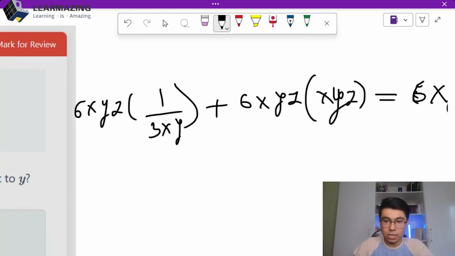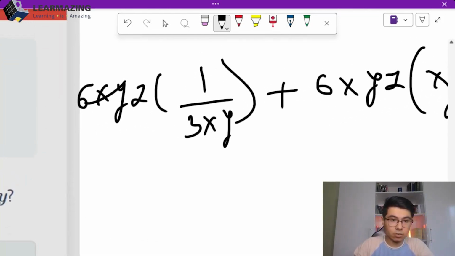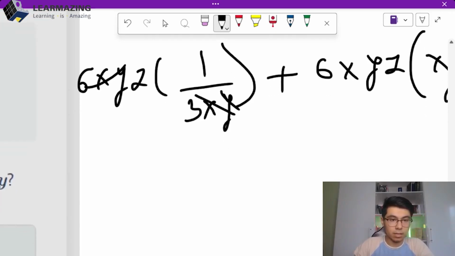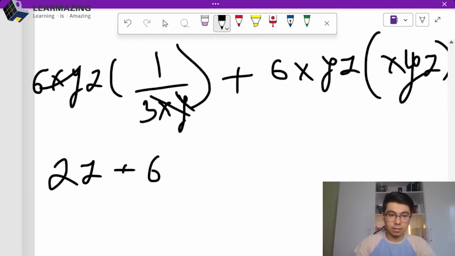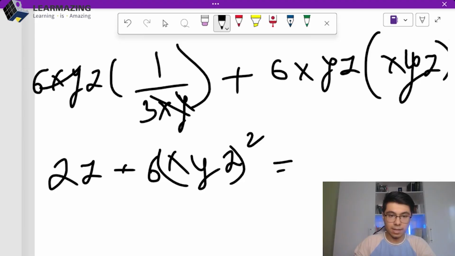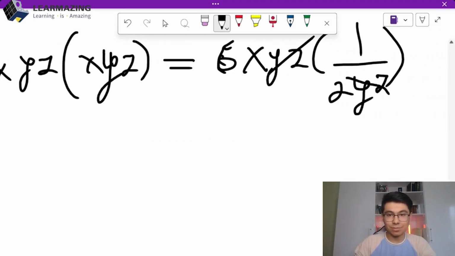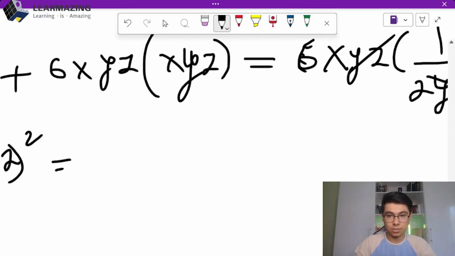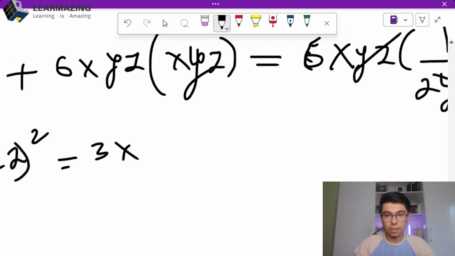So now we can simplify each term here. x and y are removed here, and 6 over 3 is going to equal 2. So we got 2z plus 6xyz squared, and that's going to equal, we can remove y and z here, and 6 over 2 equals 3, so 3x.